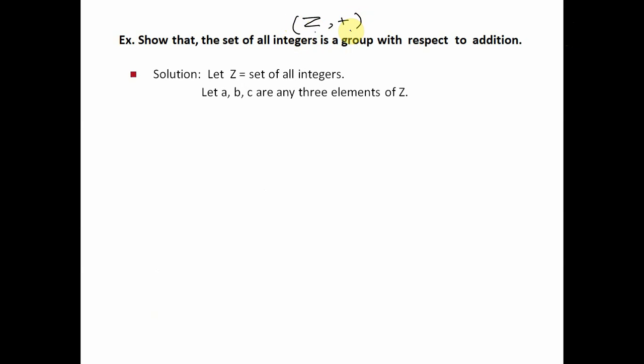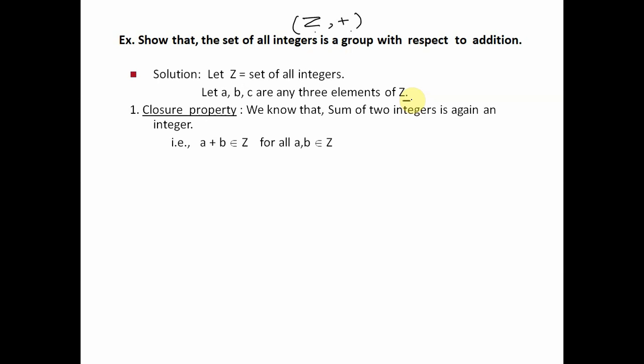So let Z be the set of all integers and we assume that a, b and c are any three elements of Z. Now remember, I do not know the properties of this algebraic structure, but I know the properties of integers. I know the properties of addition with respect to integers.